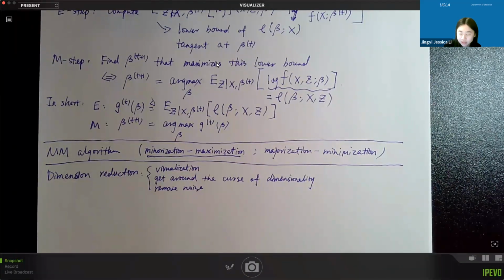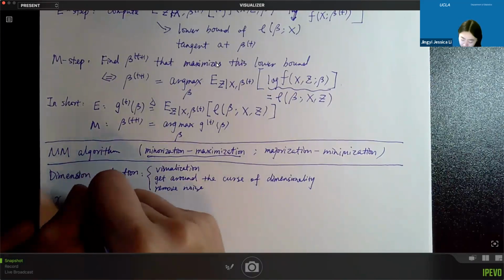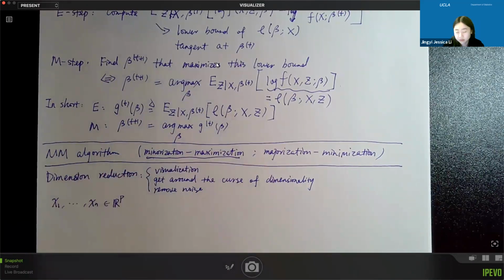Then what do we do exactly? Our data points are denoted by p-dimensional vectors. To help you make this idea concrete, you can think of each data point as a cell, as in our single cell data, and it's encoded by p genes. Usually for our human data, p is equal to 20,000.